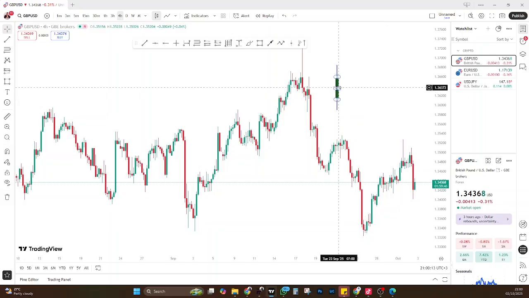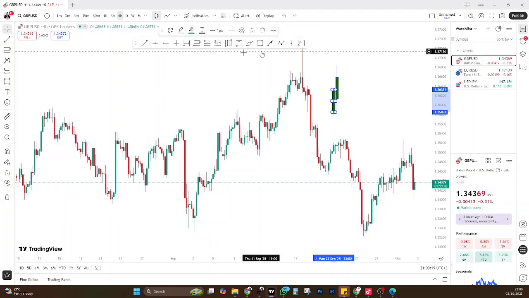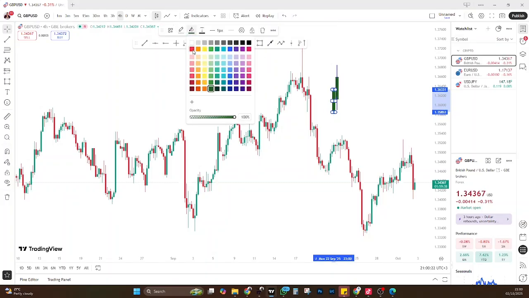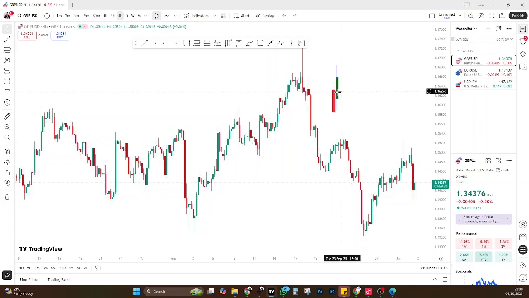And then you see that there is a candle here. It doesn't matter the color, it can be red, and another one here.